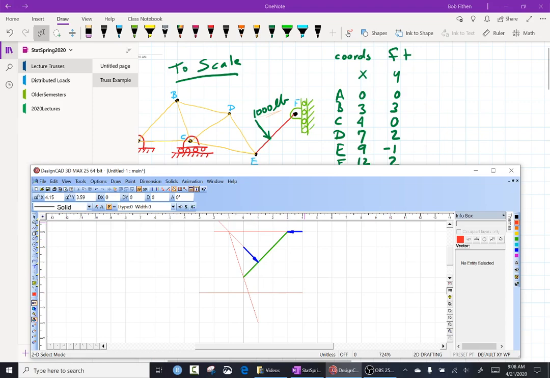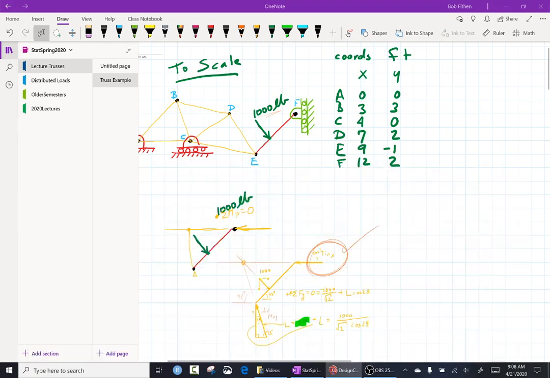This roller right here can only produce a force directly to the left. In other words, as I push this down, the wall resists by pushing back this way. It can't hold it up. The roller can go down if it deflects a little bit.